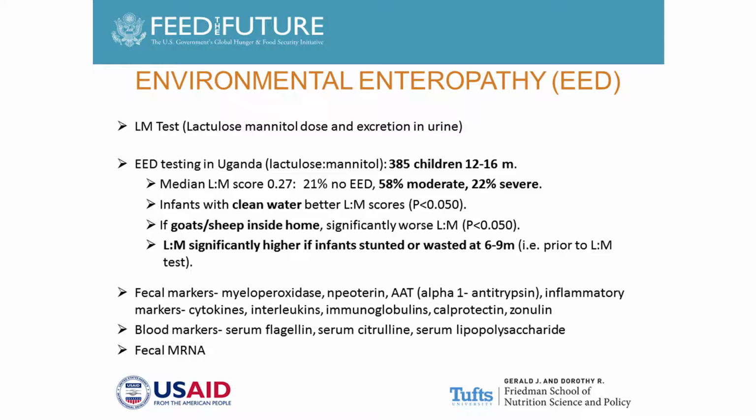So they're really exposed to a lot of different elements in their environment, which includes things like chickens and goats and livestock in their backyard. And what she found was that 58% of them had moderate EED, that the LM score put them into the category of having moderate EED, and 22%, so these are 12 to 16-month-olds, these are kids who are within the 2-year window of opportunity to prevent stunting.